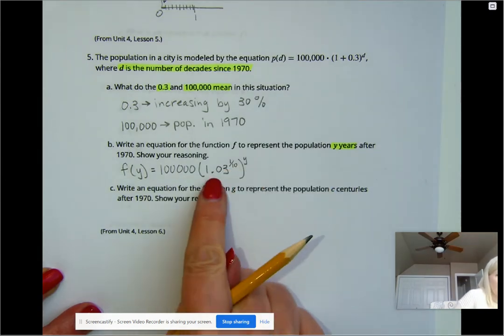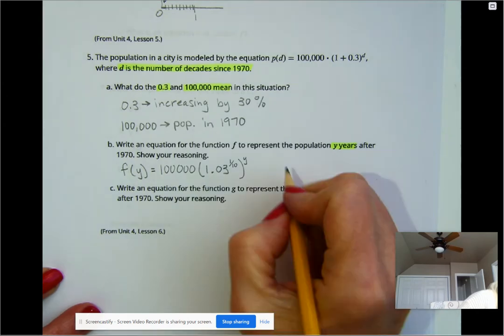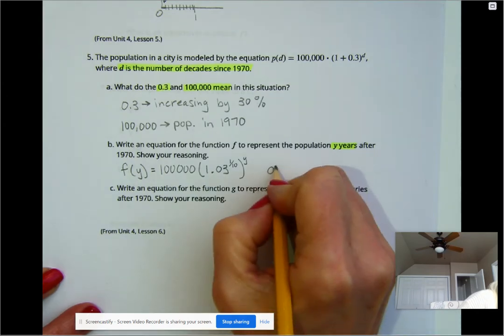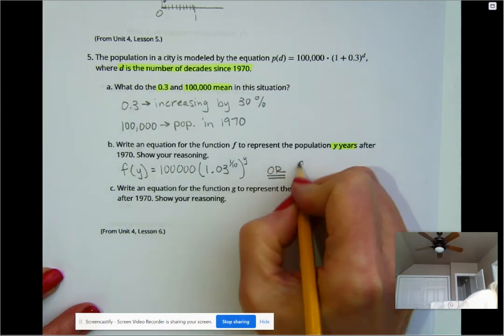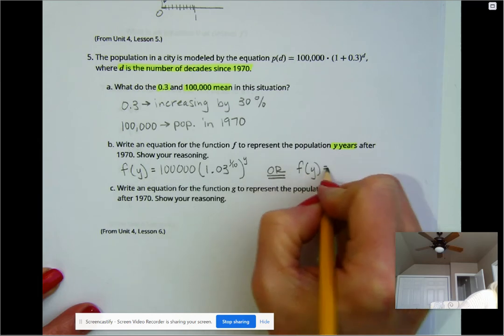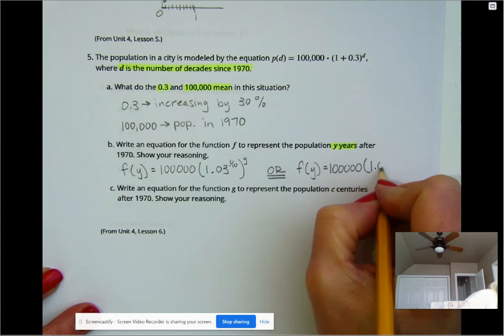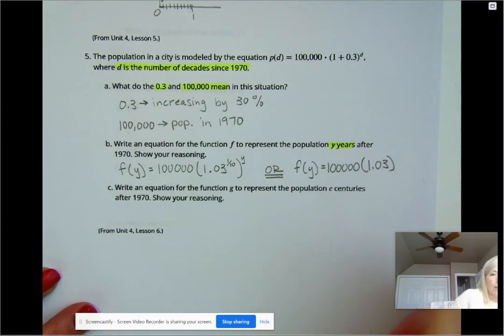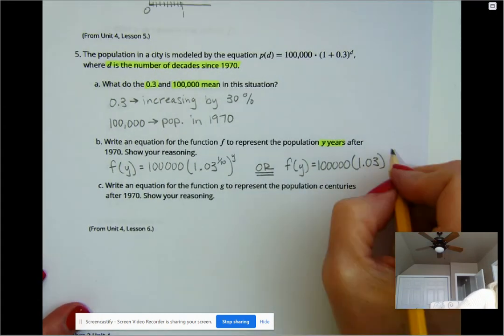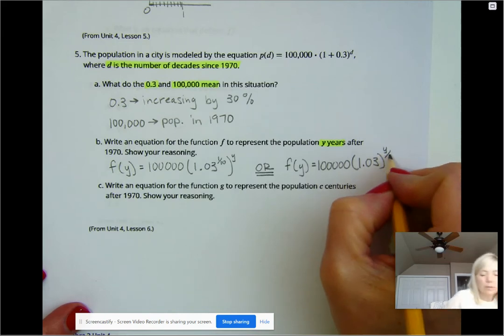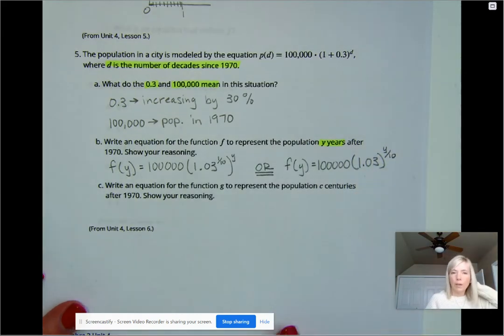So that's one way I could write it, or just adjust for the fact that there's 10 years in a decade right in the exponent. Okay, so those are completely equivalent.